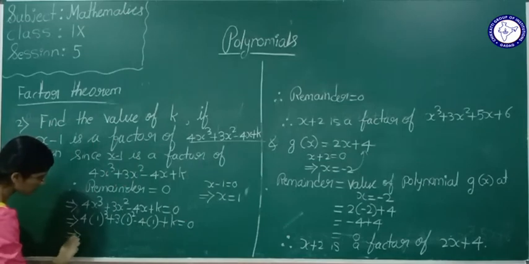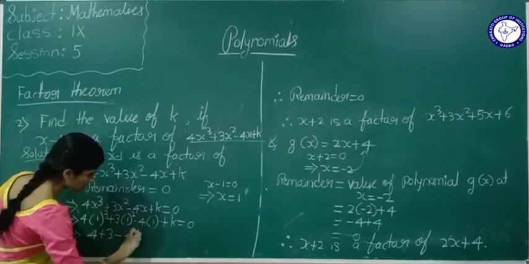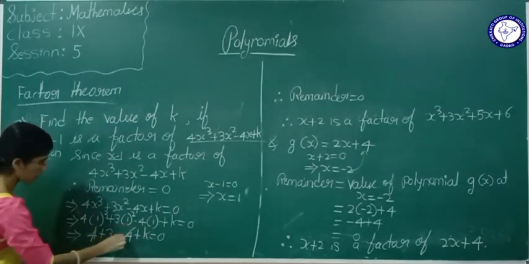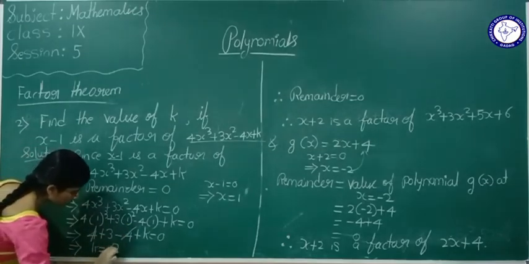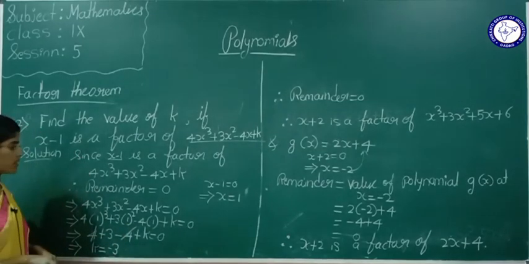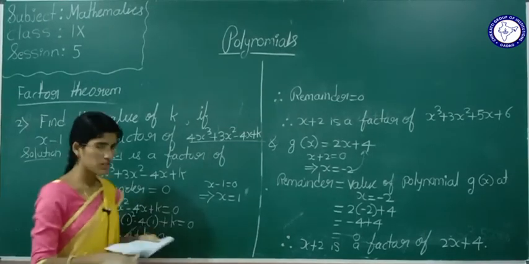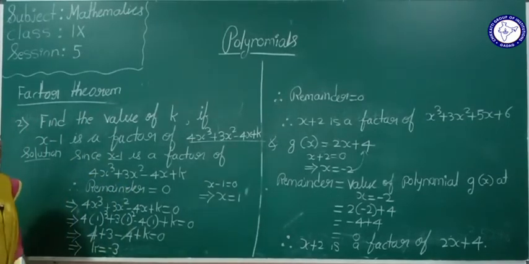So this implies 4 plus 3 minus 4 plus k is equal to 0. 4 minus 4 will get cancelled. This implies k is equal to minus 3. What is the value of k we got? It is minus 3. So this is about the factor theorem.